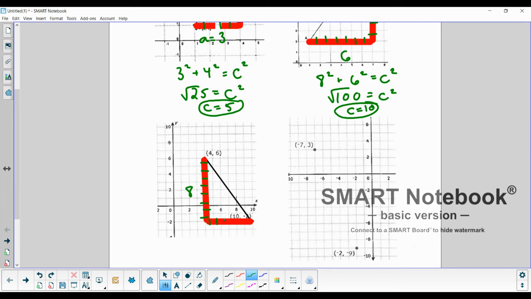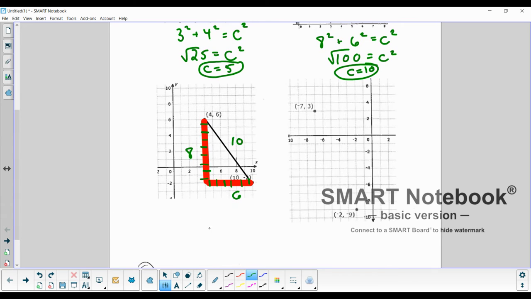And 1, 2, 3, 4, 5, 6. Let's work smarter, not harder here. We literally just did a triangle with side lengths of 6 and 8, and we know the distance is 10. This actually introduces us to the idea of a Pythagorean triple, which we're going to look at on the next page. But for now, we'll just say that C is 10.